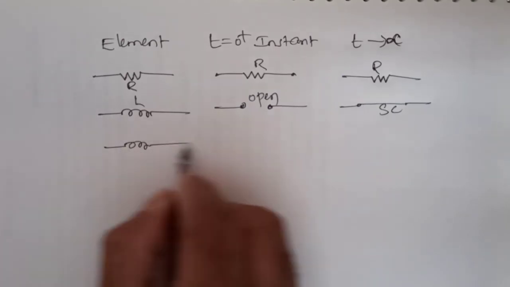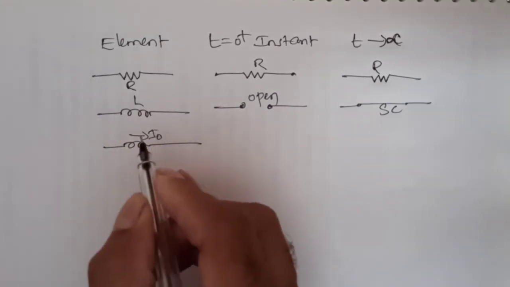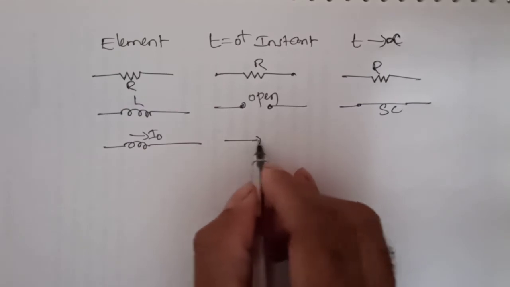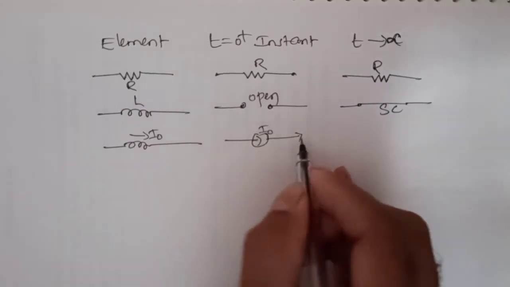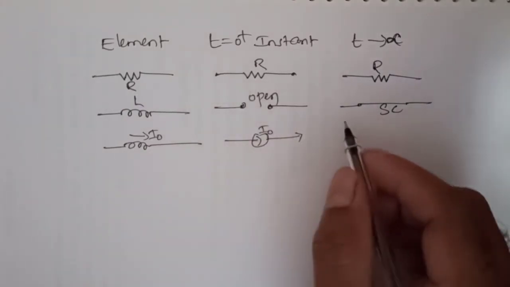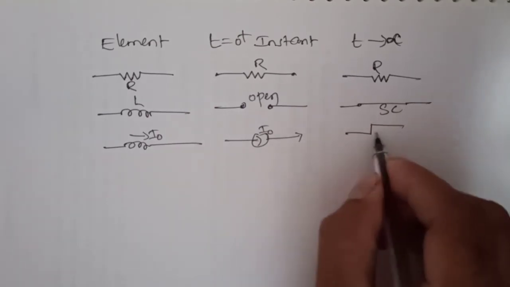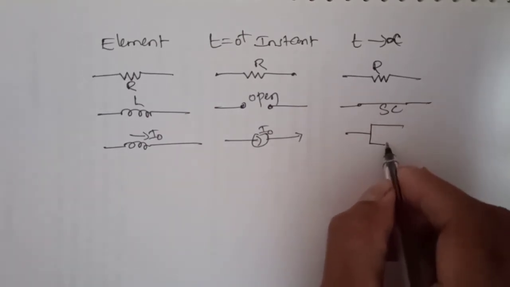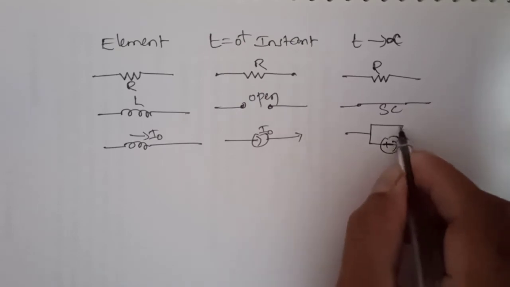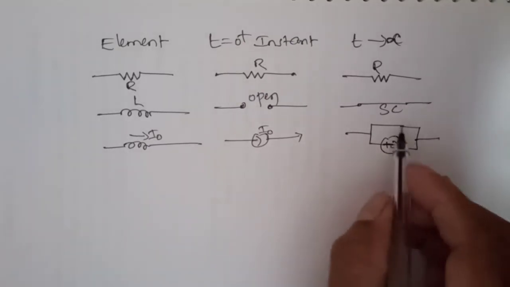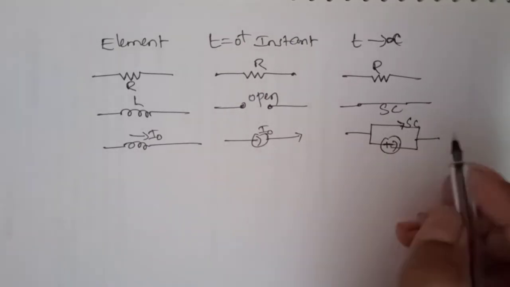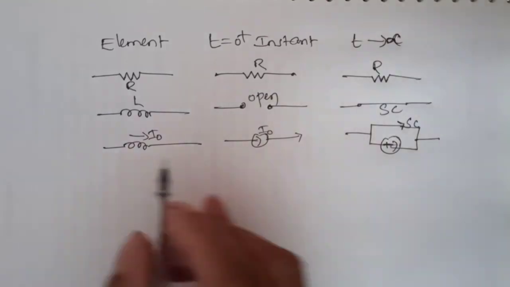If any current is flowing through the inductor initially, it will act as the same current source at t equal to 0 plus instant, and at t equal to infinity it acts as a short circuit in parallel with that current source.